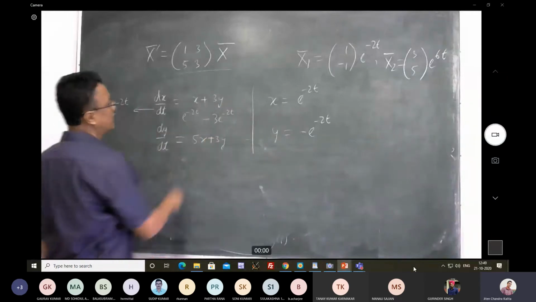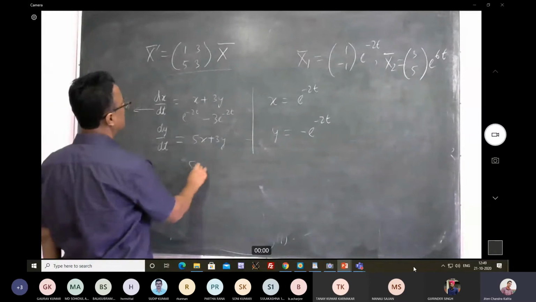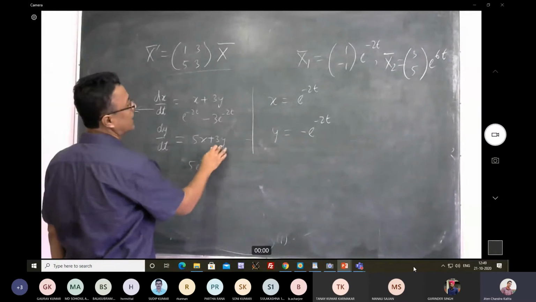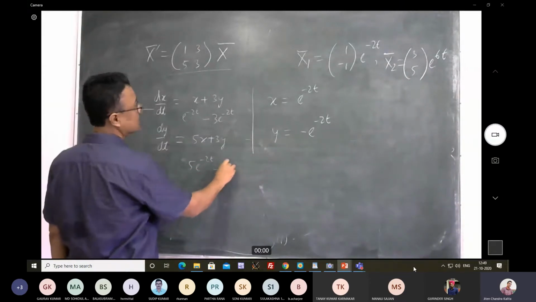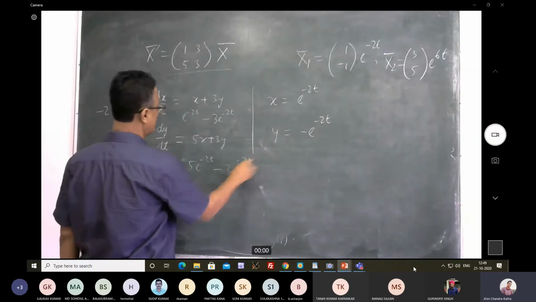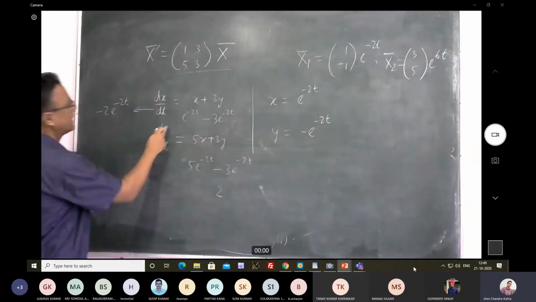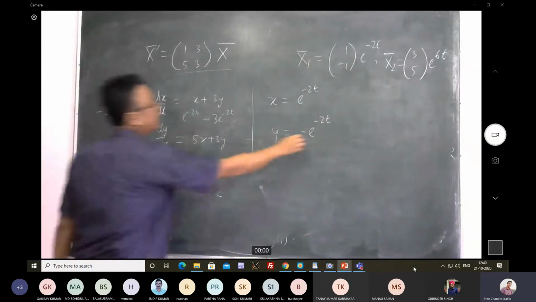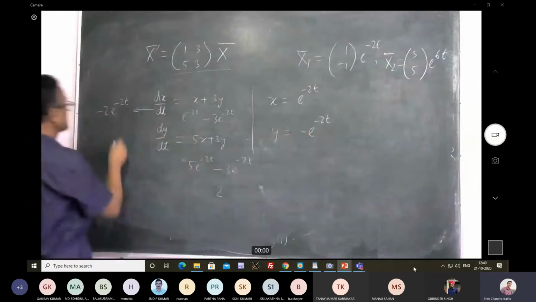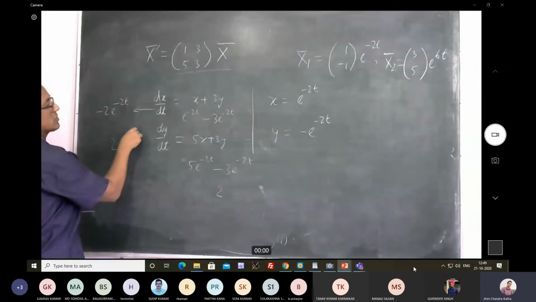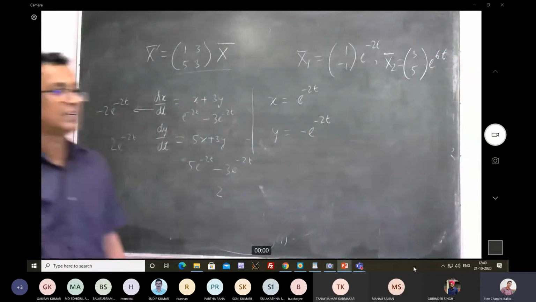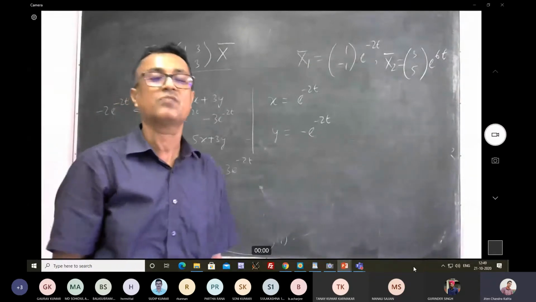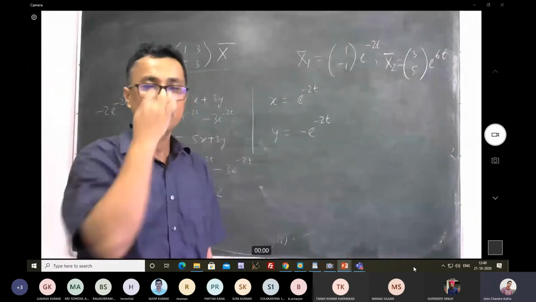At least this is satisfied, right? And dy/dt again is 2 e to the power minus 2t, and 5x plus 3y is 5 e to the power minus 2t minus 3 e to the power minus 2t, which is 2. So x1 satisfies the given differential equation. Is it okay?